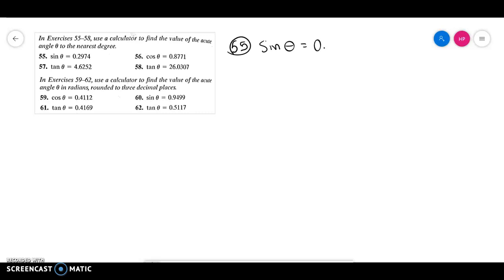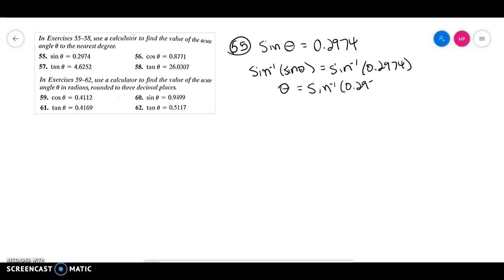So if I have the sine of theta equal to this decimal point, I have to take the inverse of both sides. So by taking the inverse, that will undo the sine and leave me with just theta. And so theta is equal to the sine inverse of 0.2974, which I just key into my calculator.